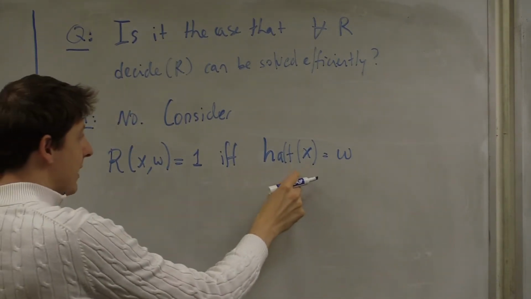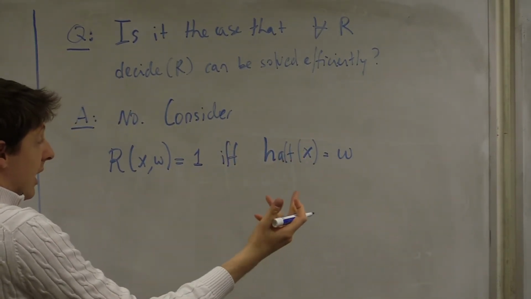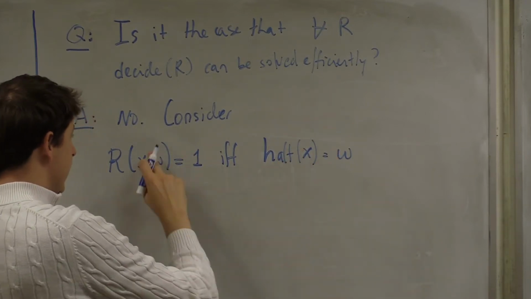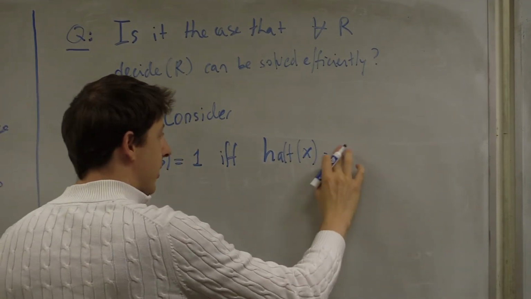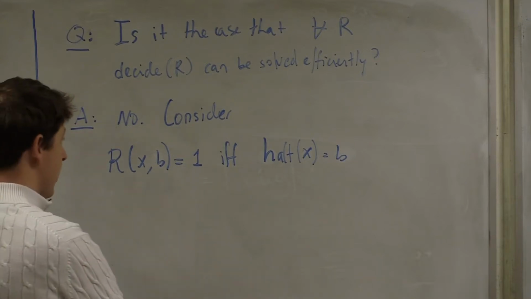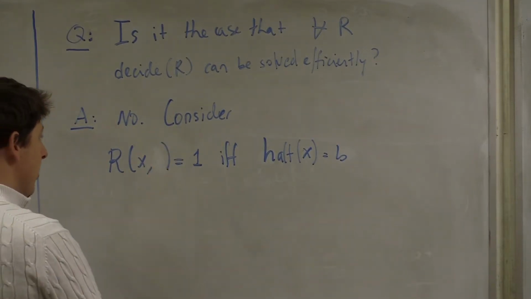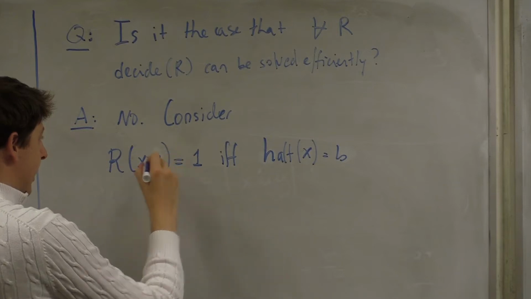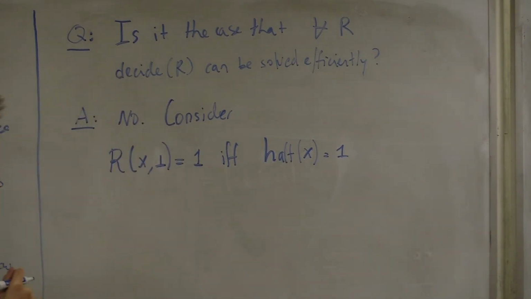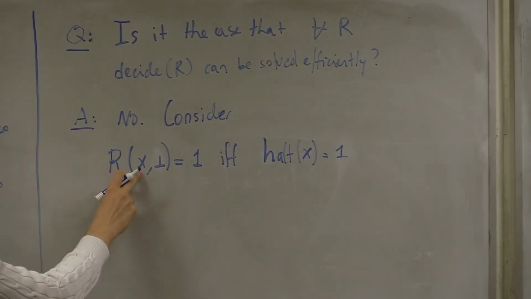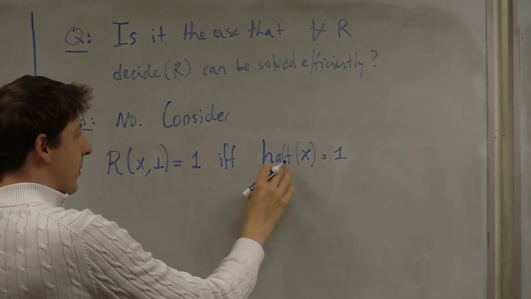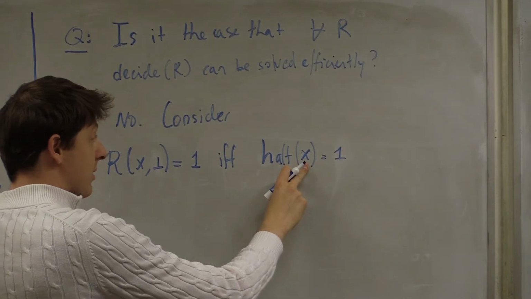Namely, take x, think of it as an algorithm, and decide whether the algorithm halts. I'm going to make the witness not matter, so I'll just put a bottom there. So even without witnesses, x is in the relation, regardless of witness, if and only if it represents a program that halts.